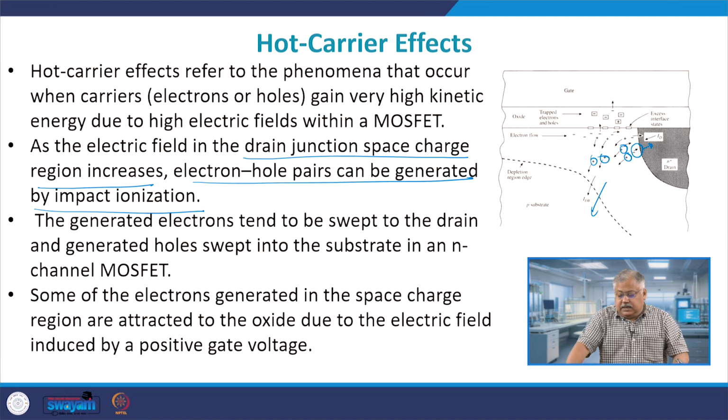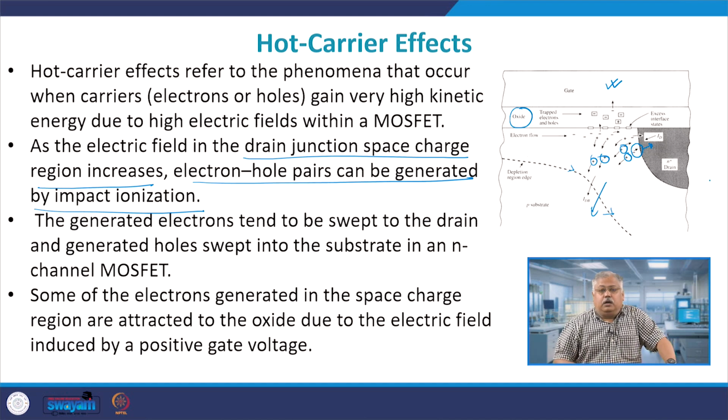This dotted curve is the edge of the depletion, this is the gate and I have the oxide layer here, this is my silicon, and within the silicon this is my depletion edge which you see here. I have these positive charges being thrown towards the substrate and the negative charge being attracted towards the drain side, resulting in an excess current.